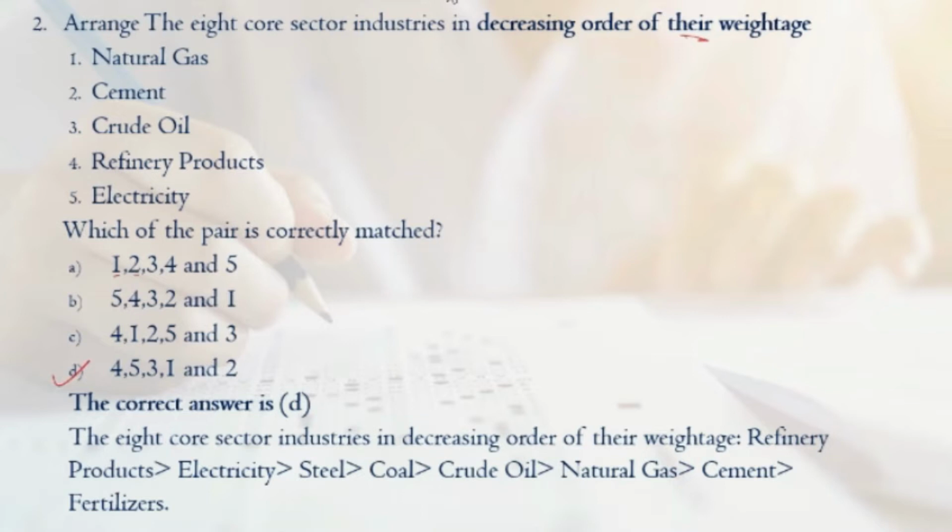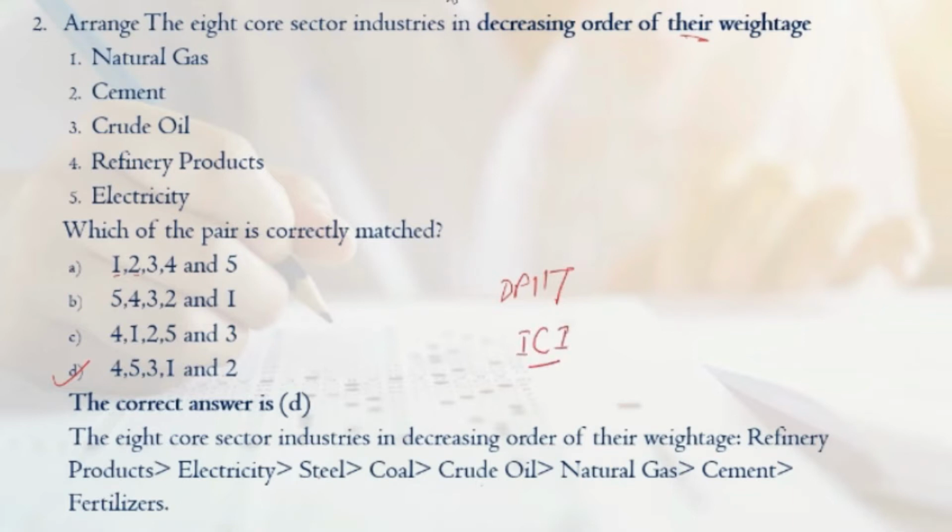The 8 core sector industries in decreasing order of their weightage are refinery products, electricity, steel, coal, crude oil, natural gas, cement, and fertilizers. The Office of Economic Advisor, Department for Promotion of Industry and Internal Trade, DPIIT, has released the Index of 8 Core Industries, known as ICI.